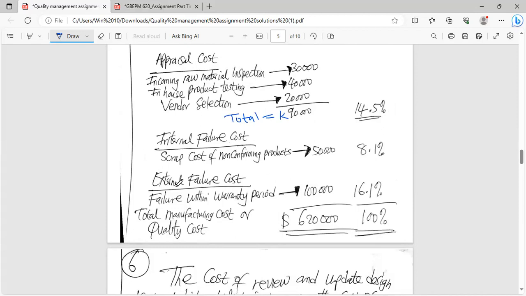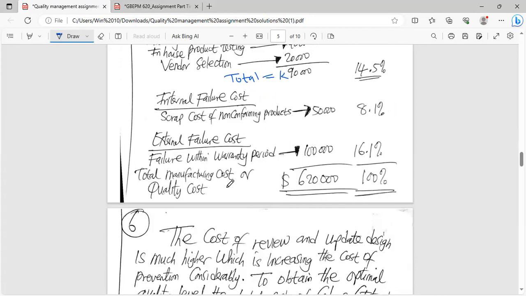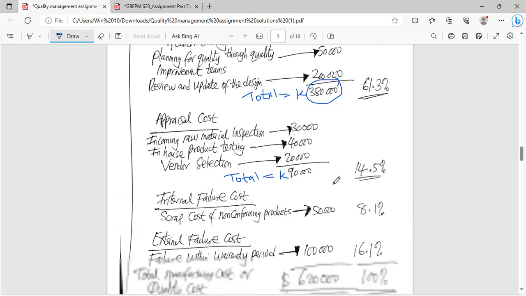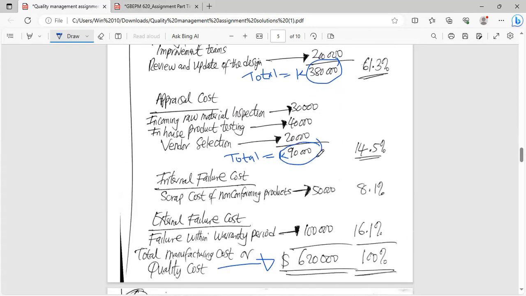And then external failure cost, we have failure within warranty period, which is 100,000. Total quality cost now is the 380,000, the 90,000, the 50,000, the 100,000, which is 620,000.